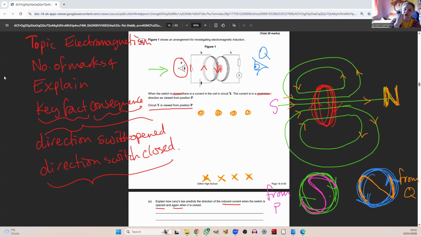So out at the top, and your field is doing this. And at the bottom, it's going the other way because your thumb's going in. So your field is doing that.